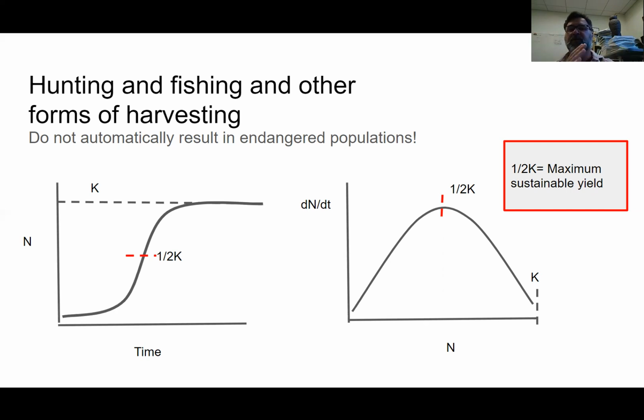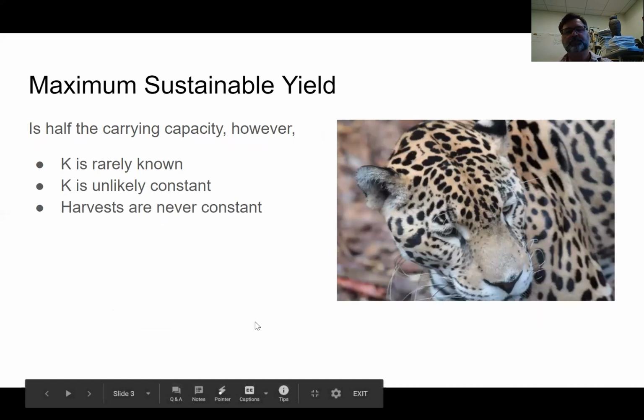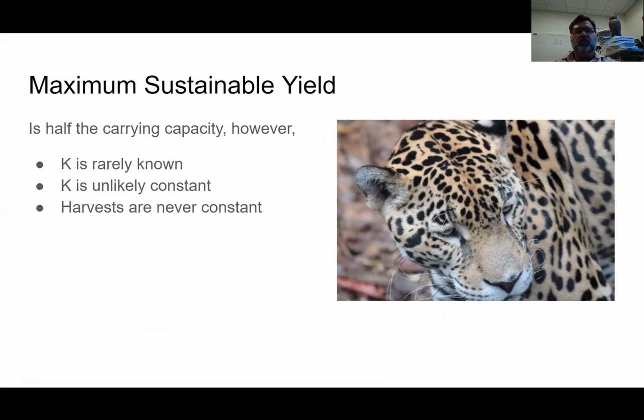You can adjust your strategy and you might be successful. If you harvest less, you're just not maximizing the number of organisms you can take from the environment. So 1/2 carrying capacity is the maximum sustainable yield. So remember, that's the most you want to remove to have sustainable populations.